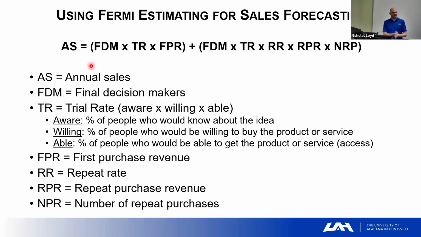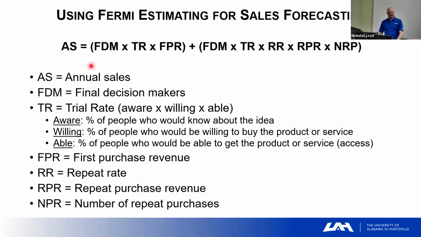How many final decision makers are there for my product? If I have a product that I think every human being could be a potential customer for, maybe 8 billion would be that. I don't know any product where, or if it's just commercial fishermen, guess what? I'm going to have to do some research to see how many commercial fishermen there are.